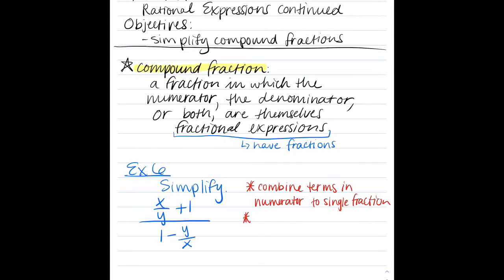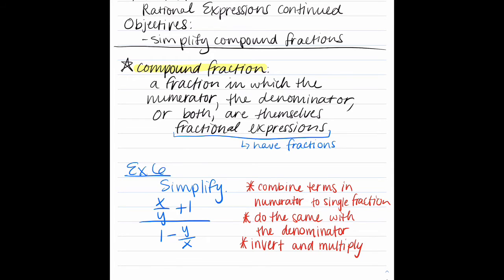Then we're going to do the same with the denominator. Then we are going to invert, which means flip, the second part and multiply. Because it's a division, we're going to flip it and multiply. So we will go ahead and practice this.